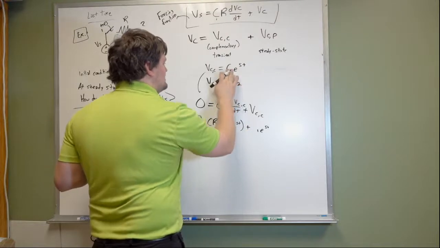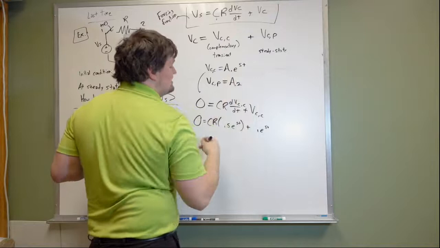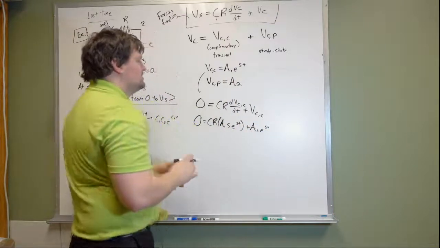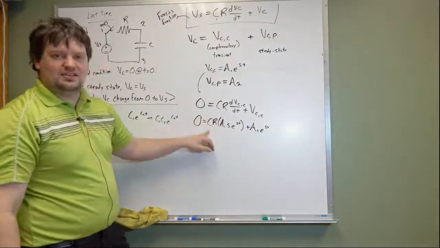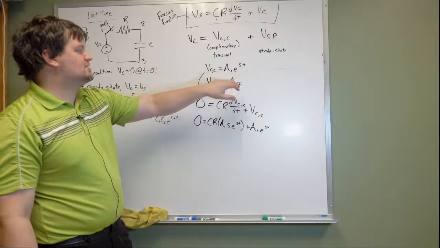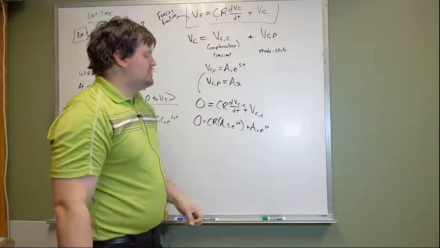I'm actually going to go back and change this. I'm going to try to teach this correctly this class. I'm just switching that so that we don't have an A and a C in the same equation. It gets less confusing. So here, this one's A1 e to the st. This is A2. A1 s e to the st plus A1 e to the st.